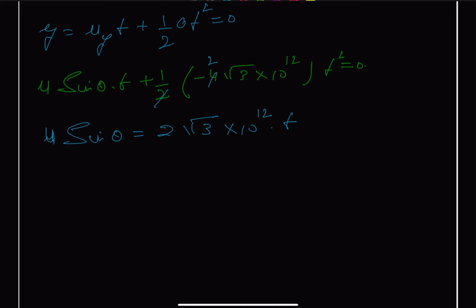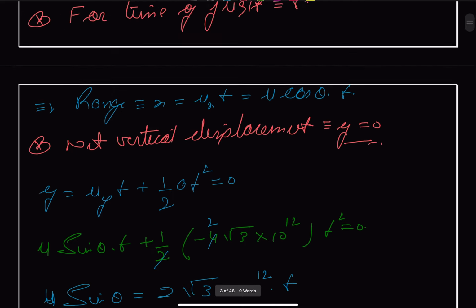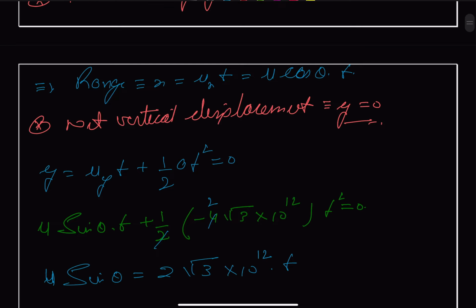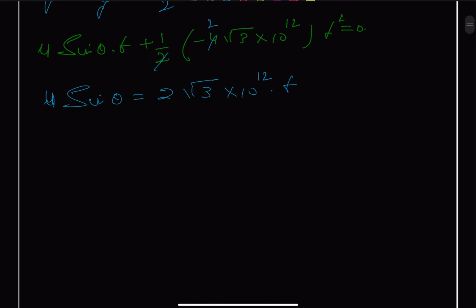And from the horizontal, let us suppose this is our equation 1. So we can say from equation 1, we know that our x is equal to u cos of theta multiplied by t.